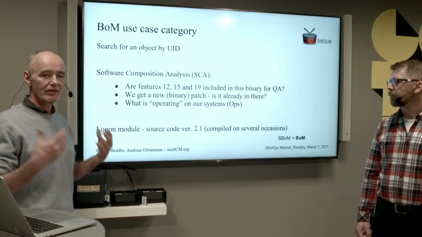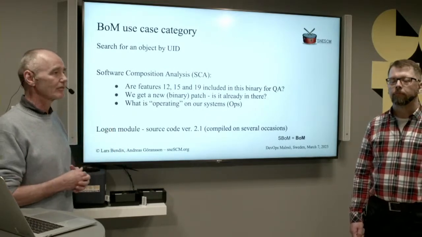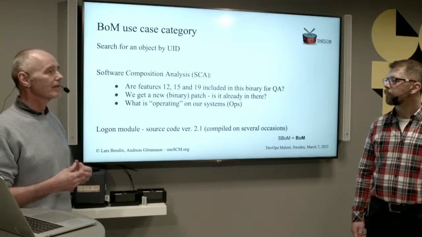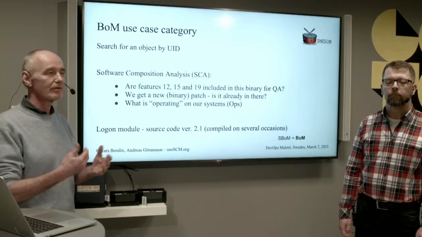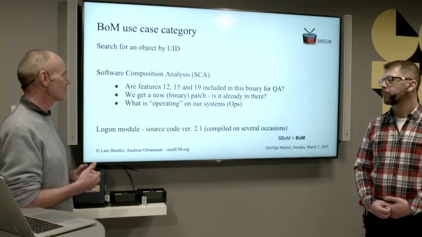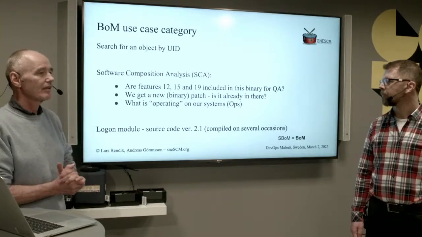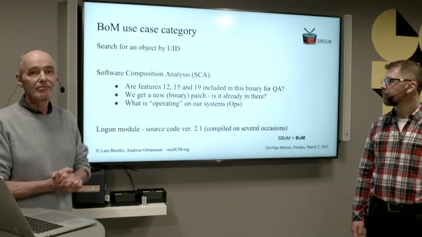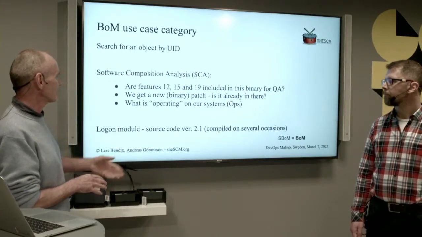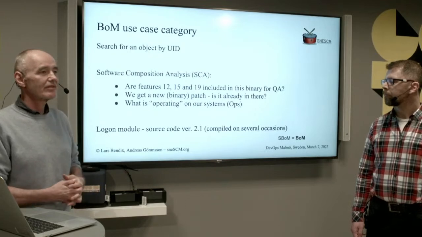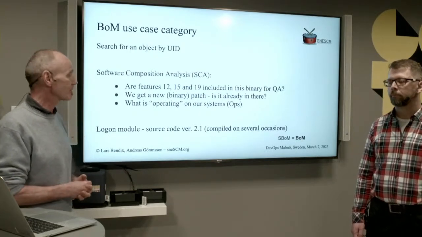So they were doing a scan, searching not for log4j or other malicious software, but whether the development team had actually included these new features into the binary that they had sent for quality assurance or whatever. We can get binary patches. Are they already in there? We need to search for them in the system, and operations should be very interested in what is it actually that is running on our system.